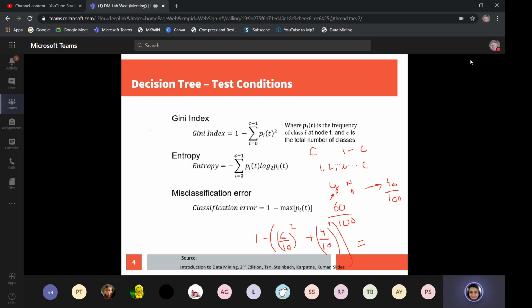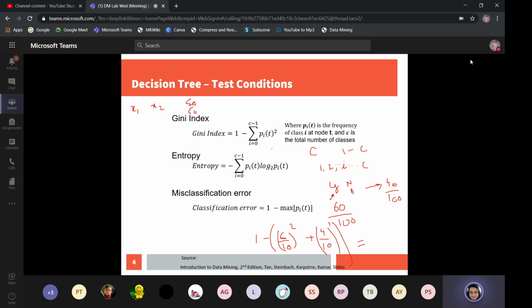So what you did was that if there was an attribute x1 and it was giving this kind of a split, you computed this value. If an attribute x2 was giving a split of 50-50, so what your answer would be? 1 minus 5 by 10 whole square plus 5 by 10 whole square.